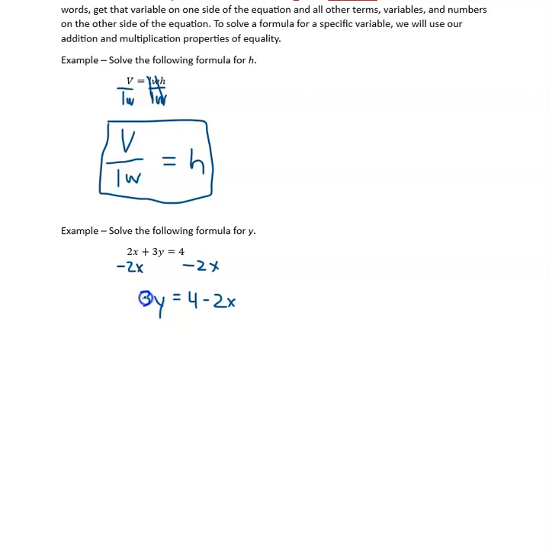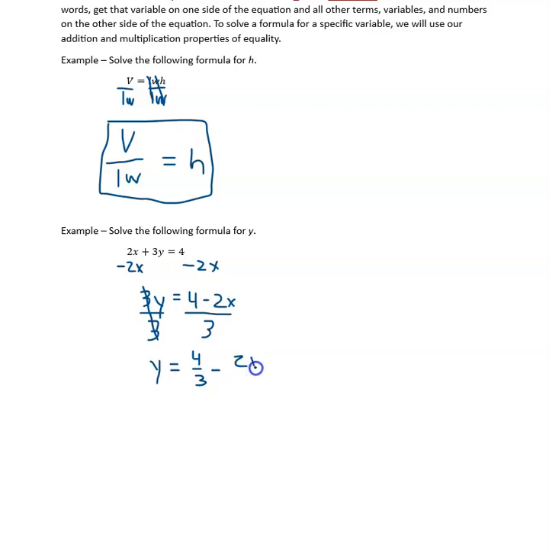So what's still been done to the y? It's been multiplied by 3. So we're going to use the multiplication property to do the inverse operation, or divide both sides by 3. The 3's on the left cancel out. And then on the right, we have 4 divided by 3 and negative 2x divided by 3.